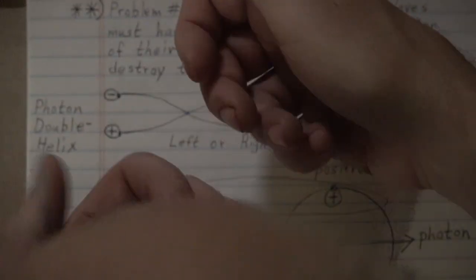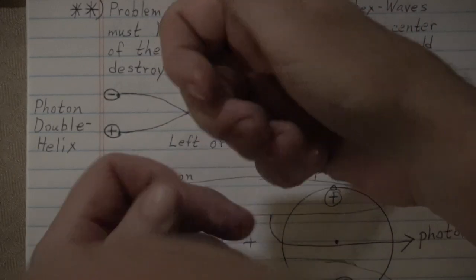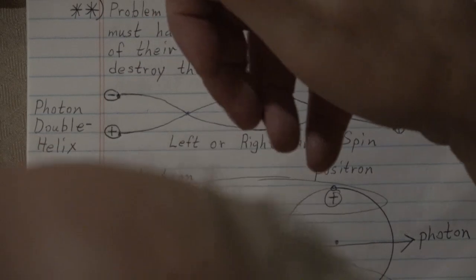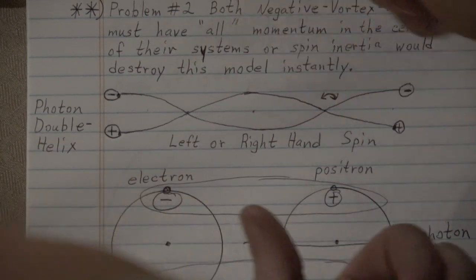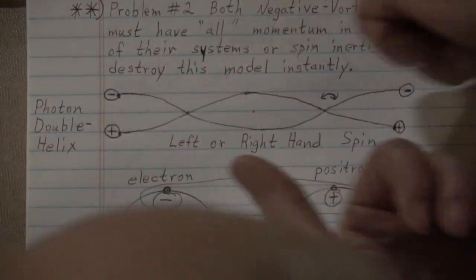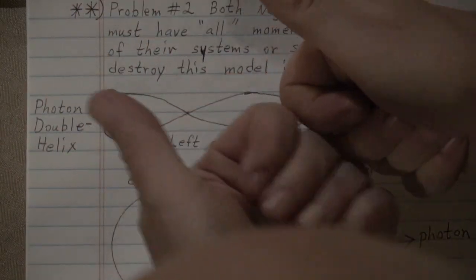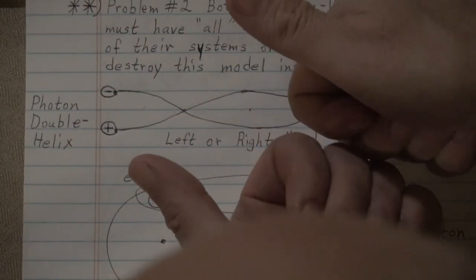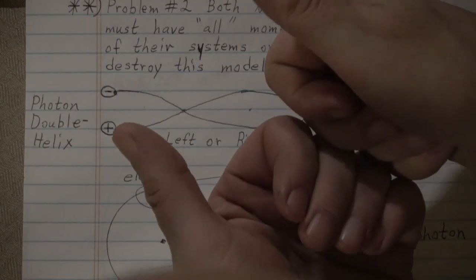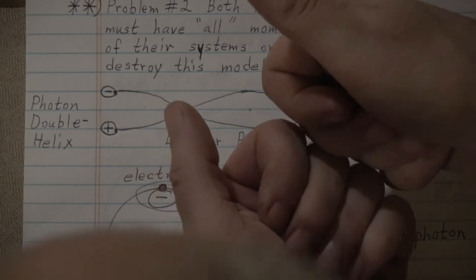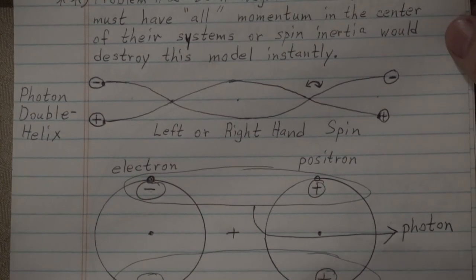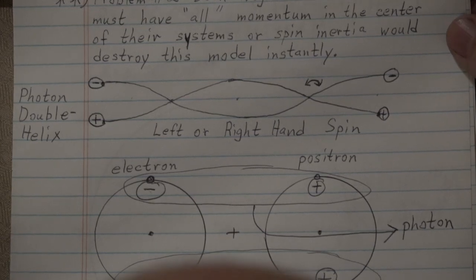The energy of one siphons the energy out of the other, and they don't actually break apart. They hold together as one unit, so that when one stops, the inertia is not spinning it, and they don't break apart, because the energy of the photon is just that. It is the energy of the photon. They stay together. So this is where modeling comes in place, and where I need a good model.